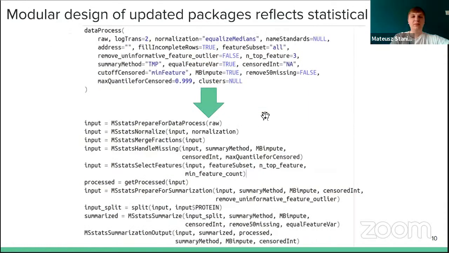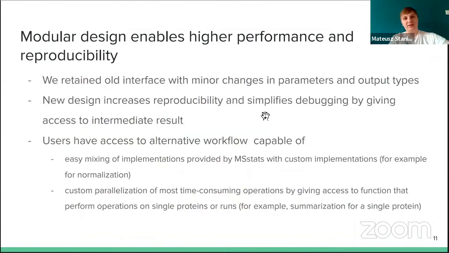But we wanted to make it even more modular to reflect that modularity in code 100%, to give users some more freedom in what implementations they choose, in how they want to actually perform the computations, and actually to enable some even more reproducibility.